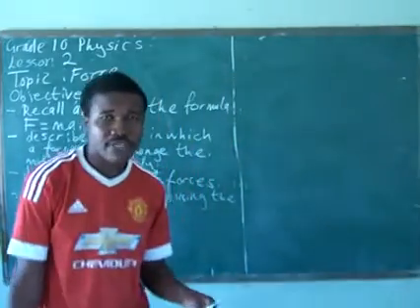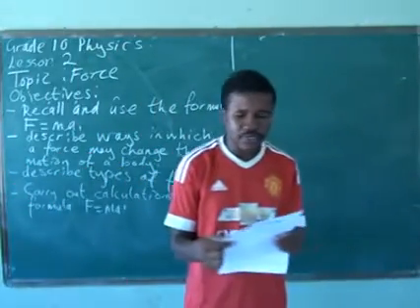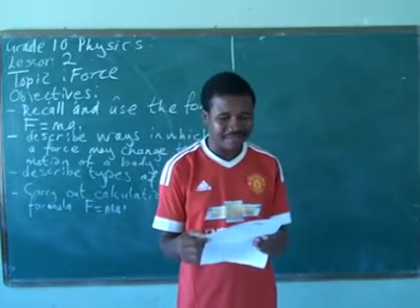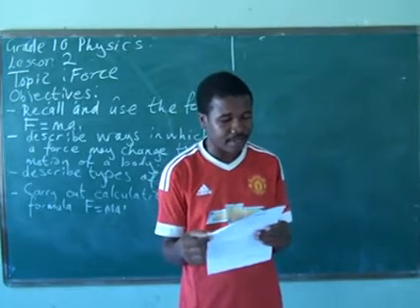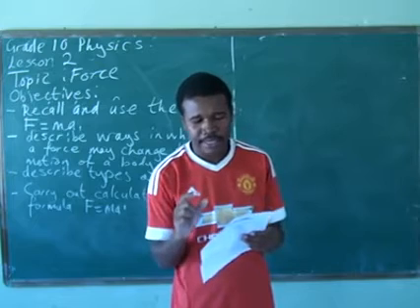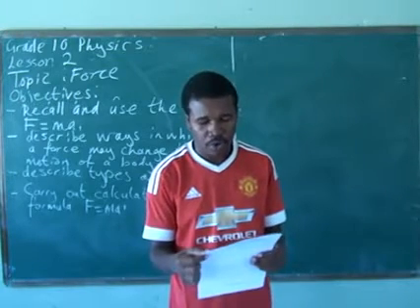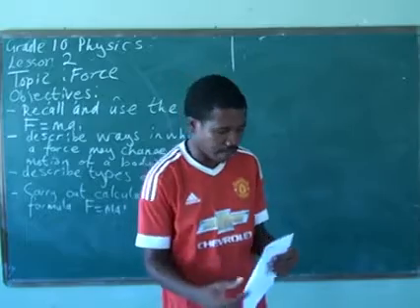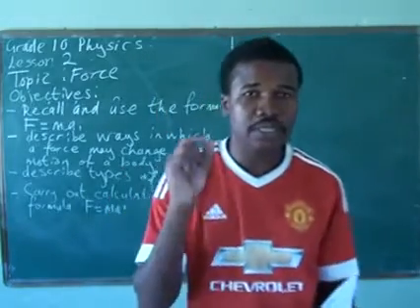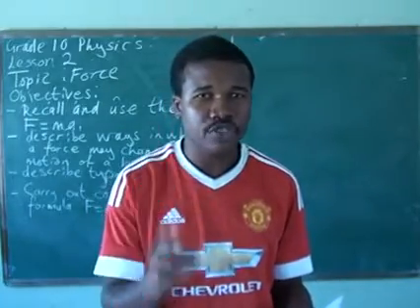So our first question is saying determine the size of force needed to give a mass of 8 kilograms an acceleration of 2 meters per second squared. Right, so these are word questions, and with these word questions, it is important that you're able to identify the information that you're given.